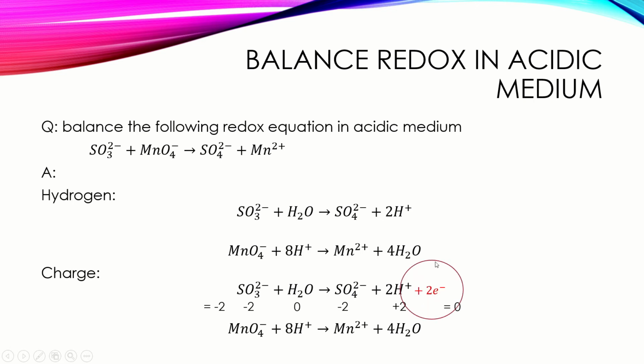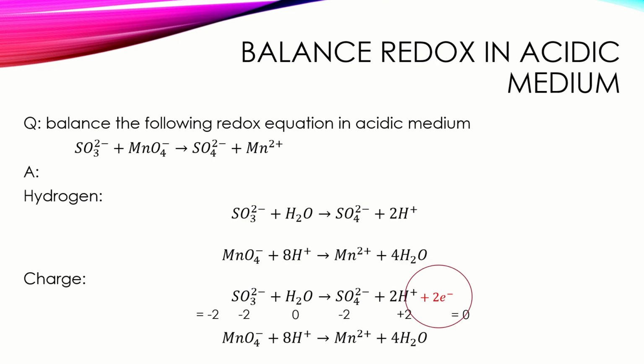We should add 2 electrons. If we add 2 electrons, that means it equals negative 2. So similar to the left side, the total charge on the right side is equal to negative 2 after adding 2 electrons.